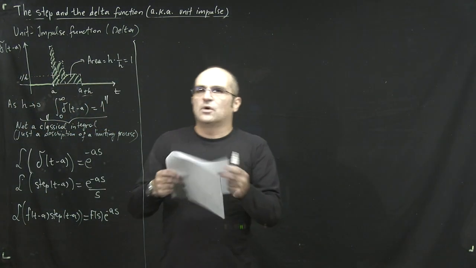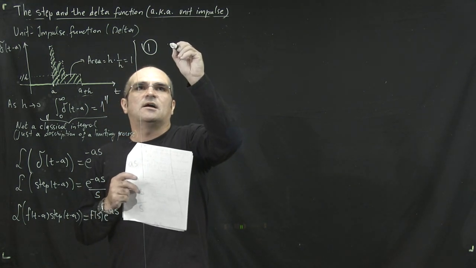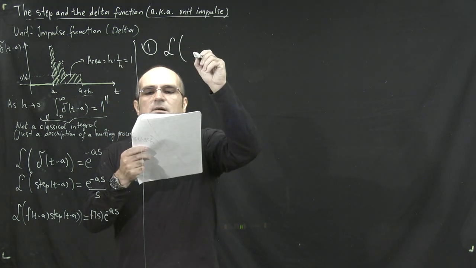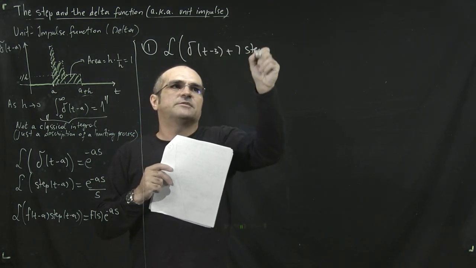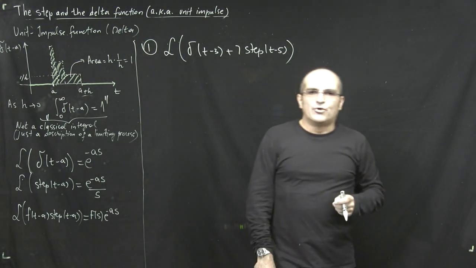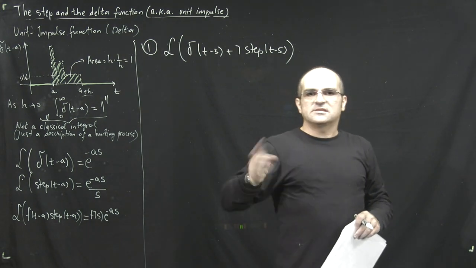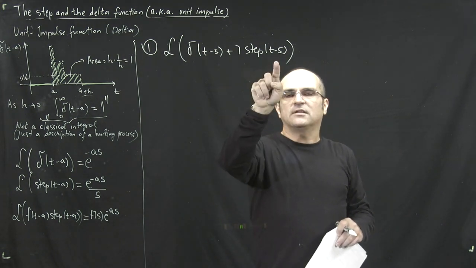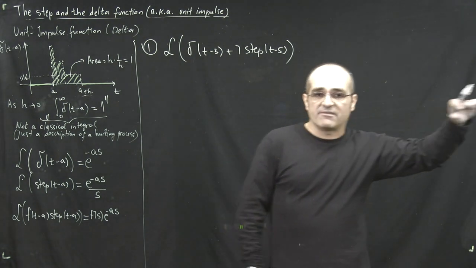Well, let's do a basic one in the beginning, right? Let's say I want to find the Laplace of delta of t minus 3 plus 7 step of t minus 5. So basically, it's like a burst of magnitude 1 at time equals 3. Nothing happens before and after that until when t equals 5, when the function returns 7 and it stays 7 forever.